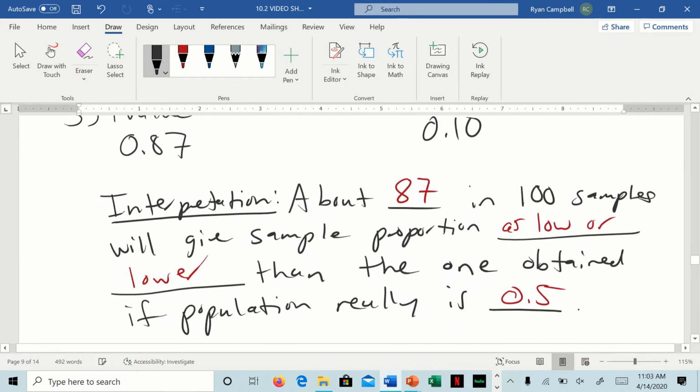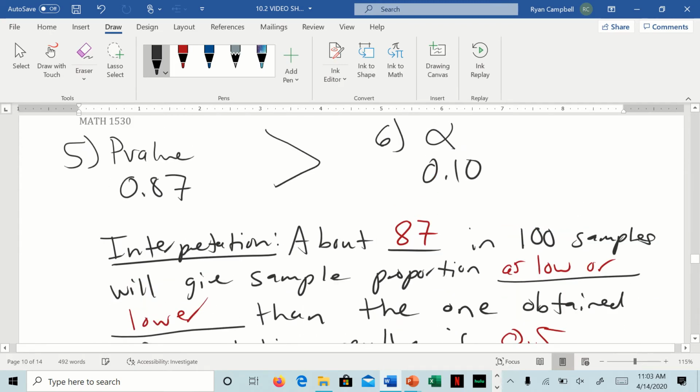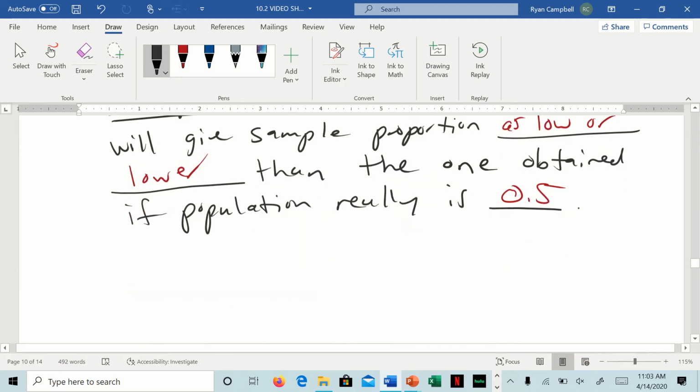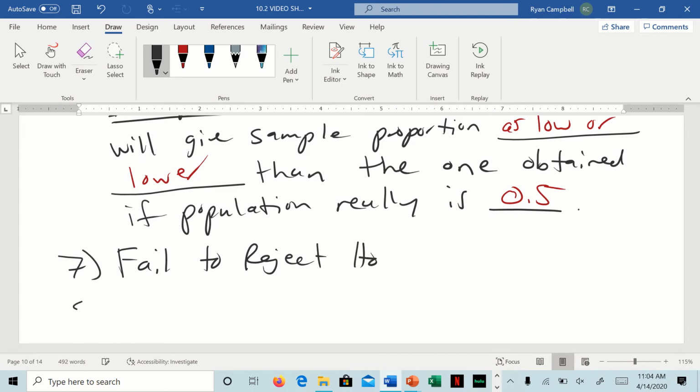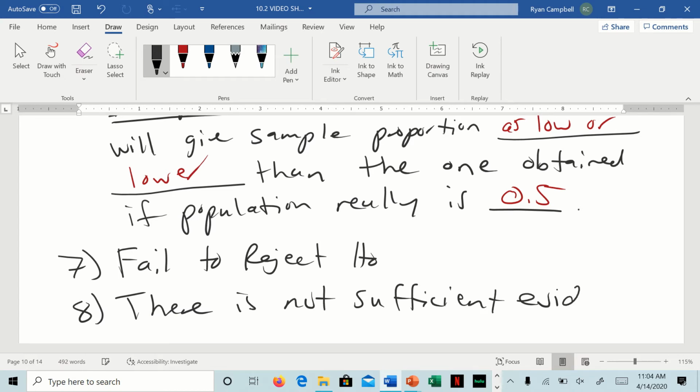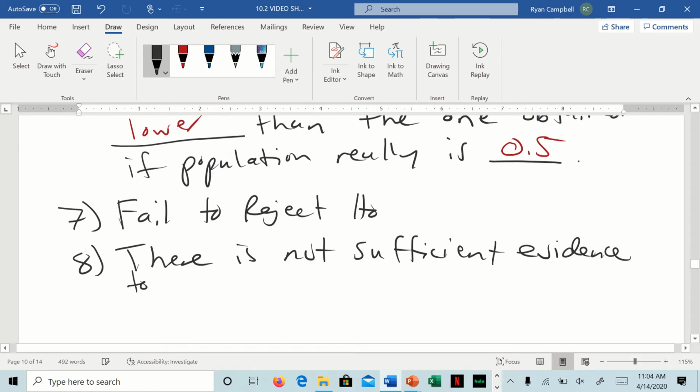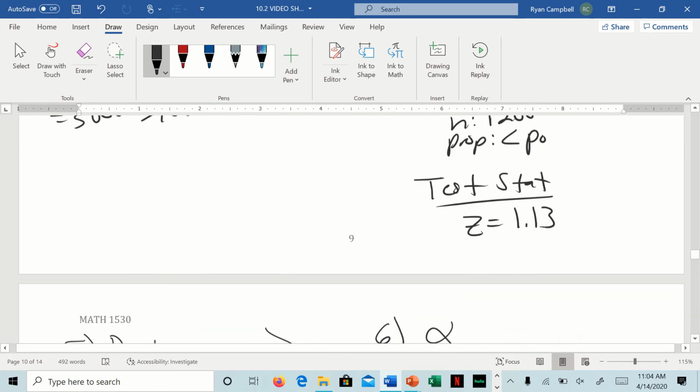Number 7, make a decision. We see that the p-value is greater, so that means that we're going to fail to reject. Which means that there is not sufficient evidence to conclude that, so going back, let's look at HA.